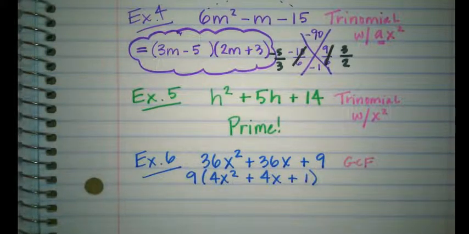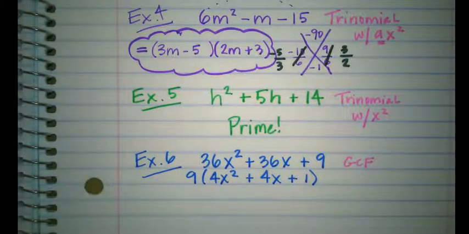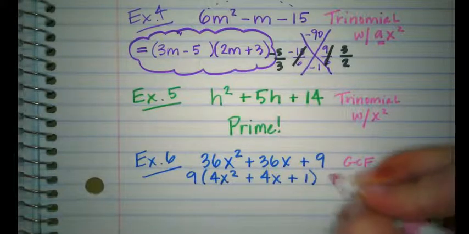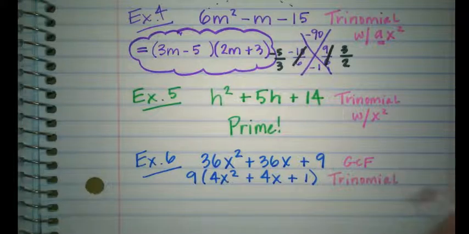So we got that. All right, so now what we want to do is look at what's left over and count the number of terms. So here's 3 terms. So this is a trinomial, and it does have a leading coefficient. So I'm going to say this is a trinomial with the ax squared.